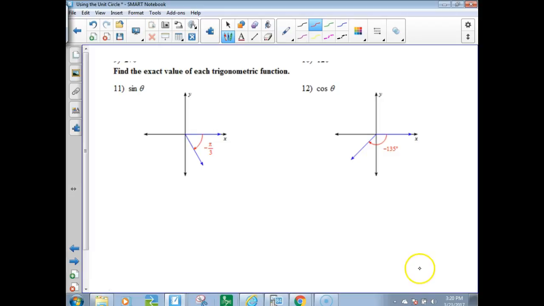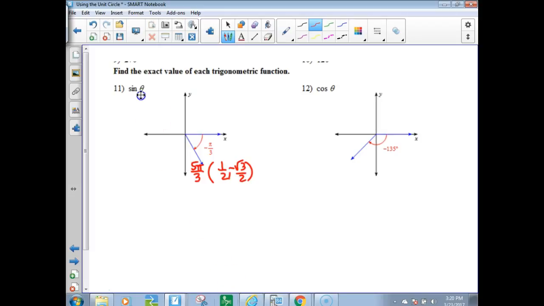All right, go look at your unit circle. Tell me what's labeled at that spot right there, at negative pi over 3. Should be at your 5 pi over 3. What's the point? 1/2 is first, and the square root of 3 over 2 is second, and it is negative.